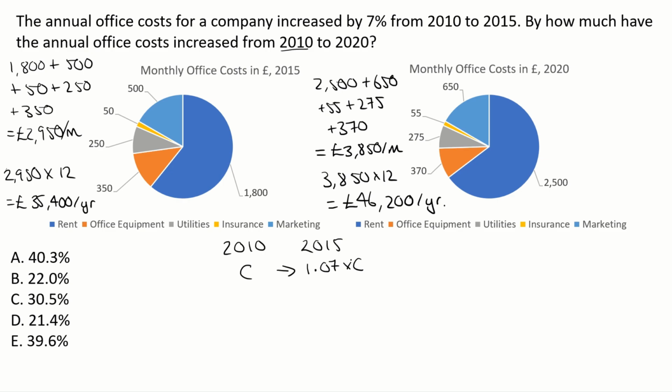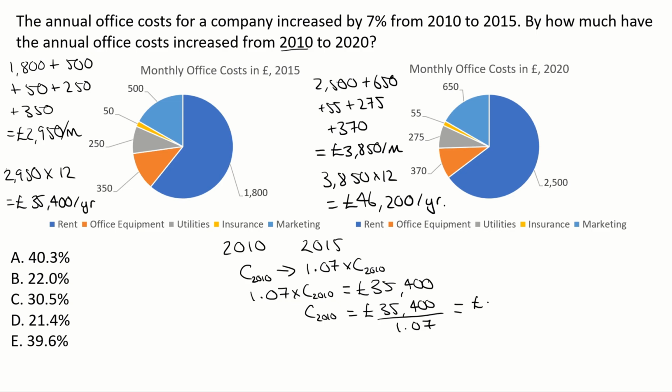So we can say that this here, 1.07 times the cost, and let's write 2010 just as a subscript so we know what we're talking about. So 1.07 times the cost in 2010 is equal to this, 35,400. So to get the cost in 2010, then we just need to do 35,400 divided by 1.07.